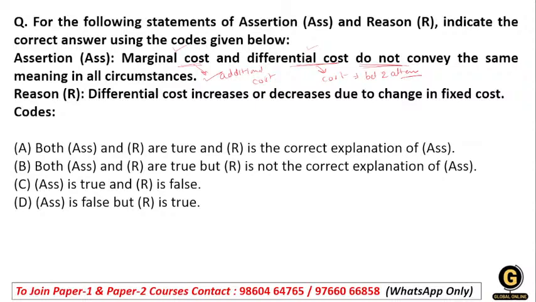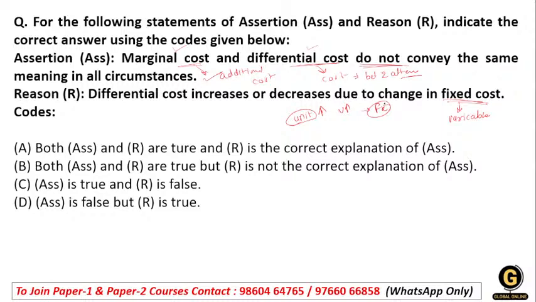So these two costs may sometimes be similar, but they are conceptually different. That's why marginal cost and differential cost do not convey the same meaning, because marginal cost is additional cost and differential cost gives the difference between two alternatives. Okay, now the reason. Differential cost is increased or decreased due to a change in fixed cost. Isn't it true? Actually not, because it's not due to a change in fixed cost. Our differential cost depends on our variable cost, because if we increase the units of production, variable cost also increases, but there is no effect on our fixed cost.